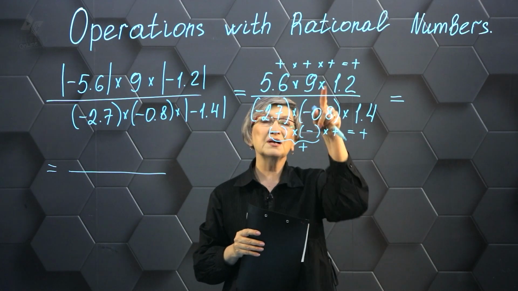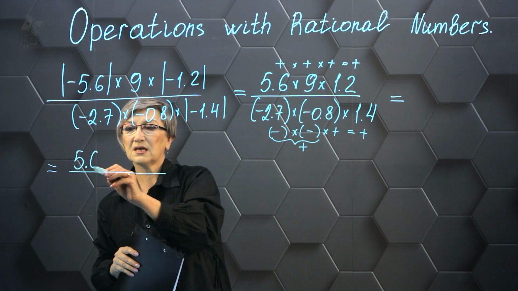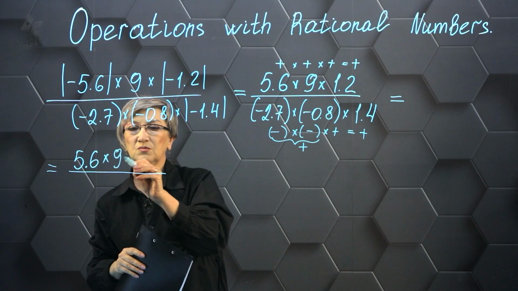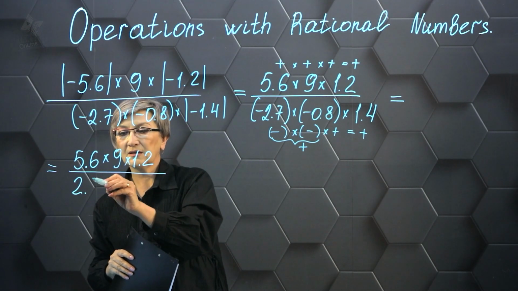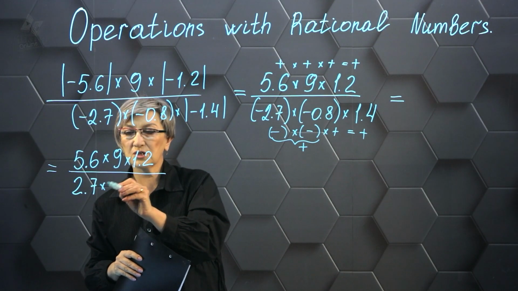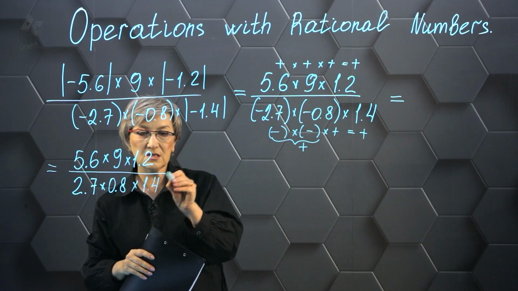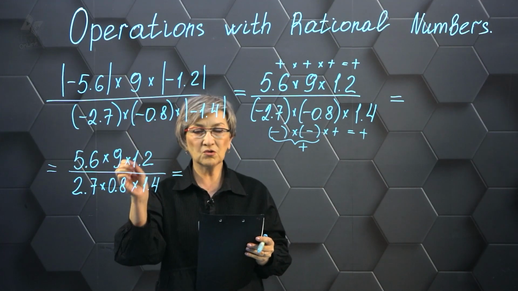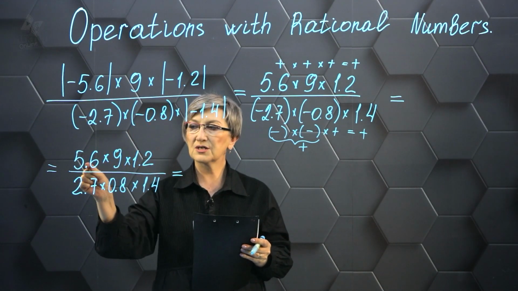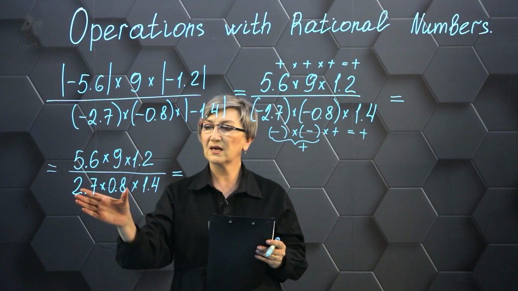And work with the product of these numbers. 5.6 times 9 and multiply by 1.2. Divide by 2.7, multiply by 0.8 and multiply by 1.4. In this case, I can multiply the numbers in the numerator, 5.6 times 9 and multiply by 1.2.